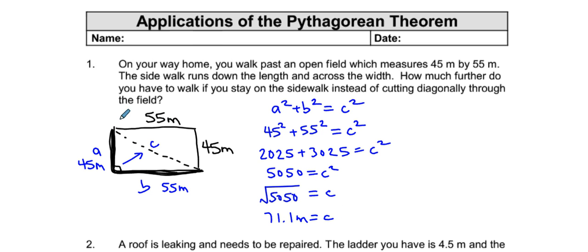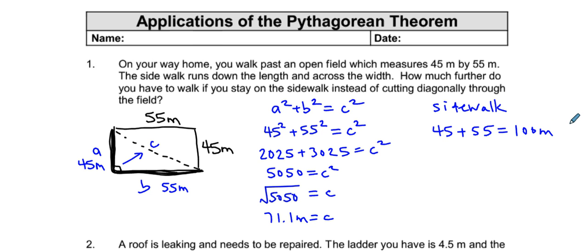So if I was to cut through the diagonal of the field, it would take me 71.1 meters to get to my destination. If I was to follow the sidewalk, then I would need to calculate 45 plus 55, and that gives me 100.